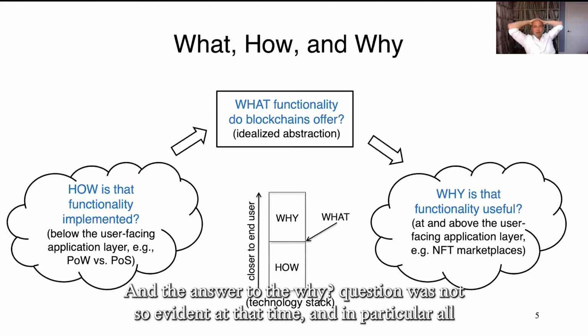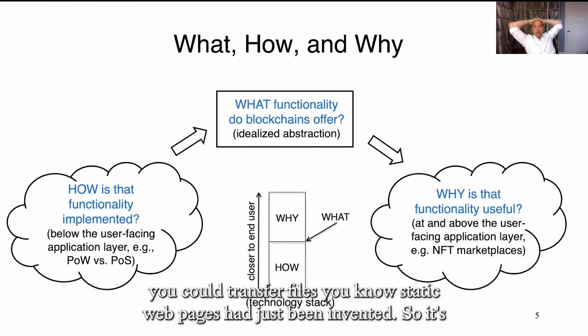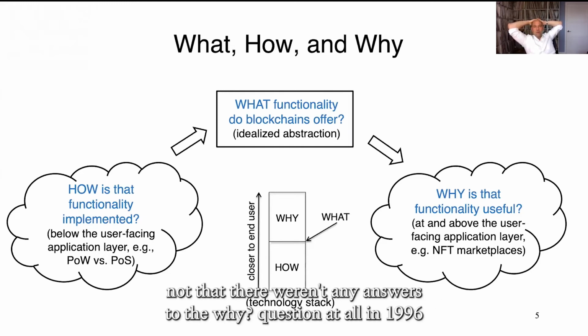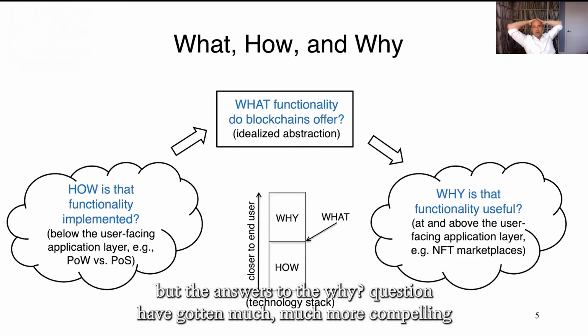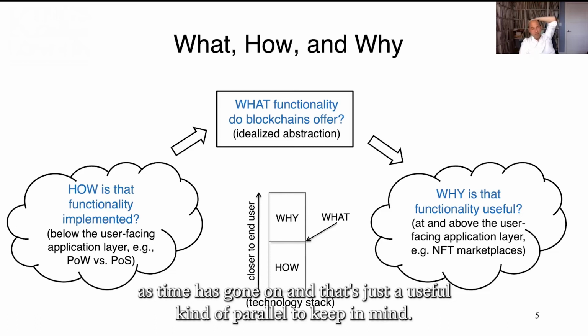In particular, all of the killer applications I just mentioned, none of those existed in 1996. You could send mail, you could transfer files, static web pages had just been invented. So it's not that there weren't any answers to the why question at all in 1996, but the answers have gotten much, much more compelling as time has gone on. And that's just a useful parallel to keep in mind.